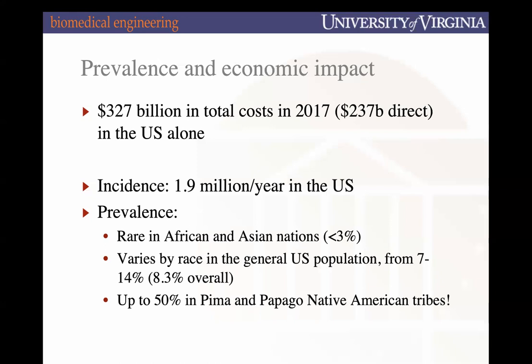It also varies by race in the US, from 7 to 14% between particularly white, Black, and Hispanic communities. What's interesting is that there is a genetic predisposition in some cases of diabetes, where in some communities like the Pima and Papago Native American tribes, rates are up to 50%.